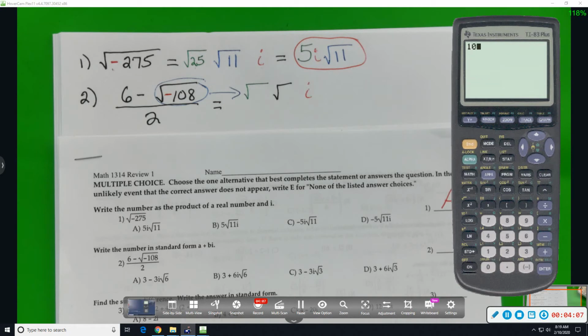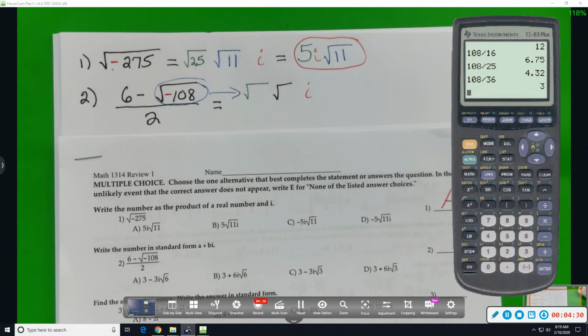So I'm thinking of those perfect squares. 4 does. 9 does also. 16 doesn't. 25 sure doesn't. What's the next perfect square? 36? Does 36 divide into that? Yeah.